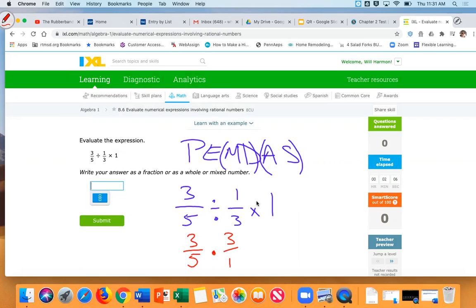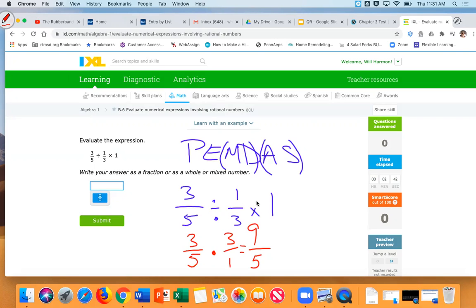So what is 3/5 times 3/1, Allie? You have to do the denominators, and the denominator would be 5. And what's the top? 3 times 3, that's 9.